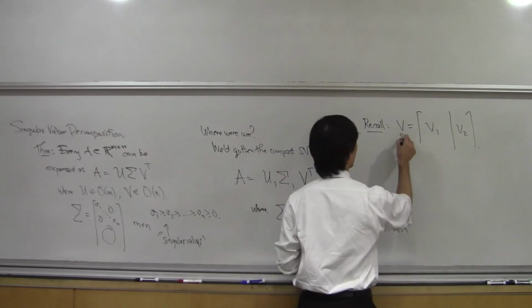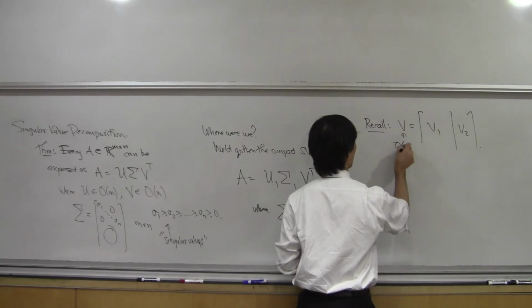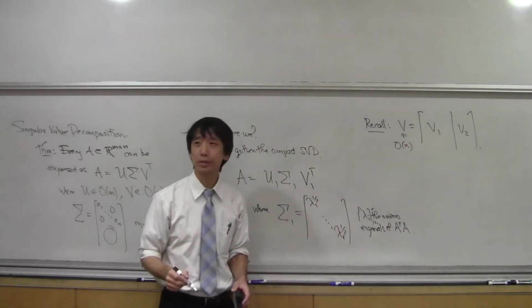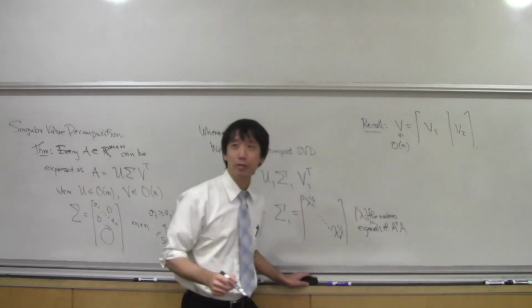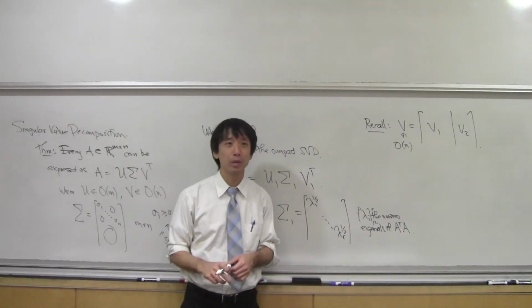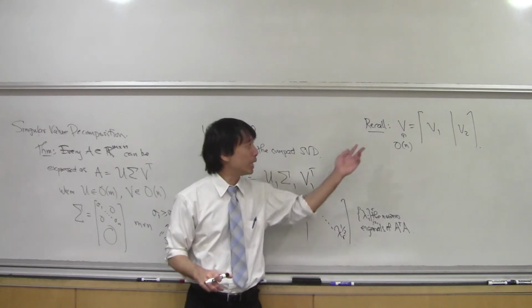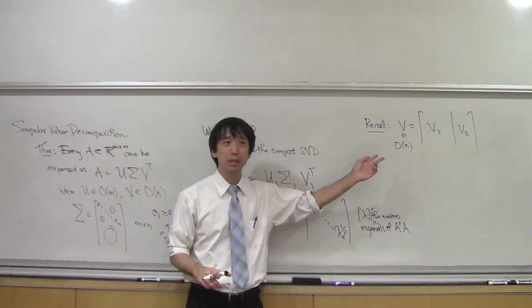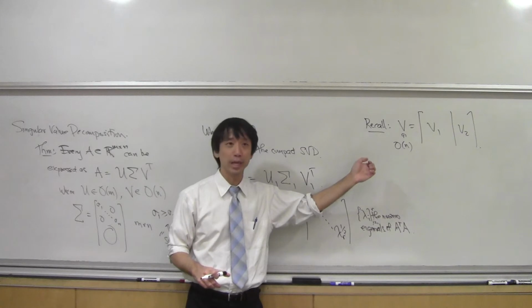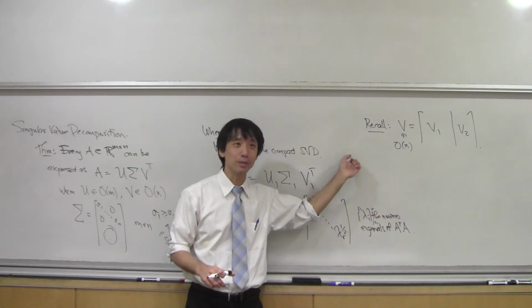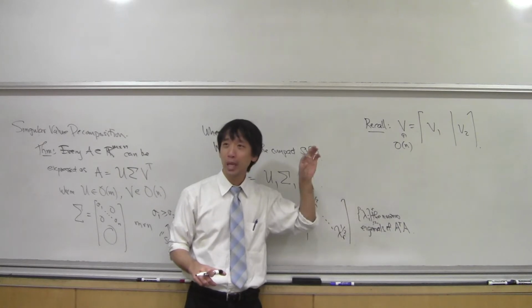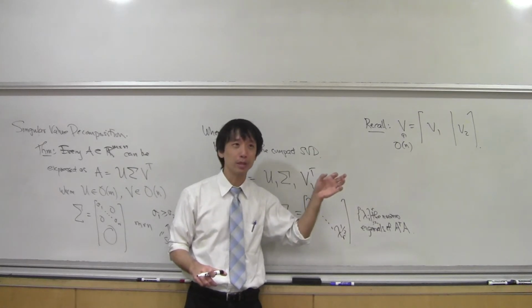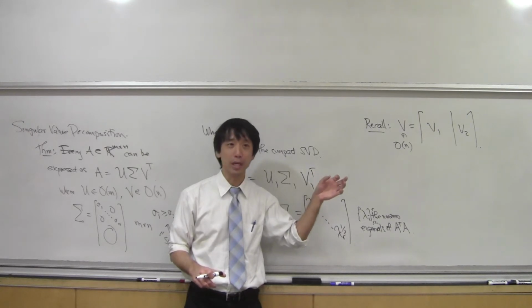This was an orthogonal n by n matrix. And what was V? V was the orthogonal matrix that diagonalizes A transpose A. Remember, A transpose A is symmetric, so it's orthogonally diagonalizable.